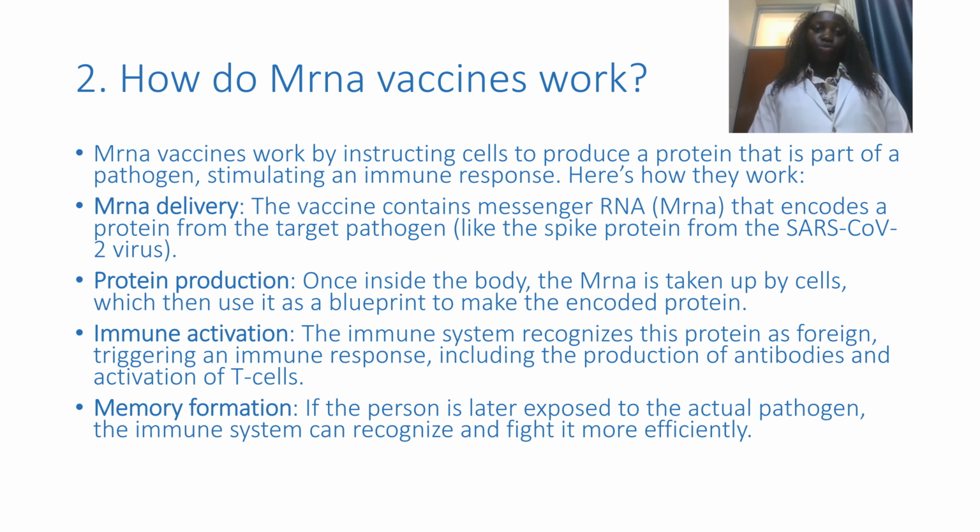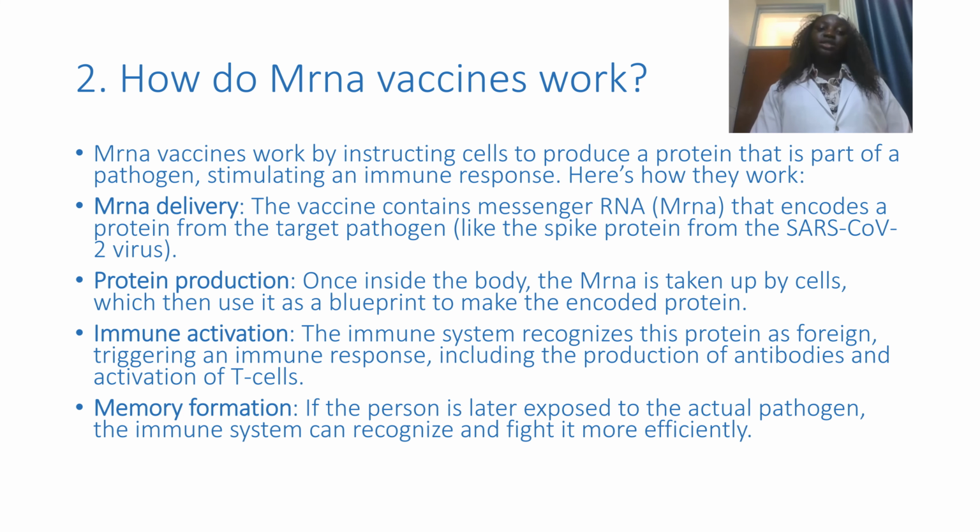This brings us to question number 17, which I put as question number 2. How do mRNA vaccines work? mRNA vaccines work by instructing cells to produce a protein that is part of the pathogen, stimulating an immune response.